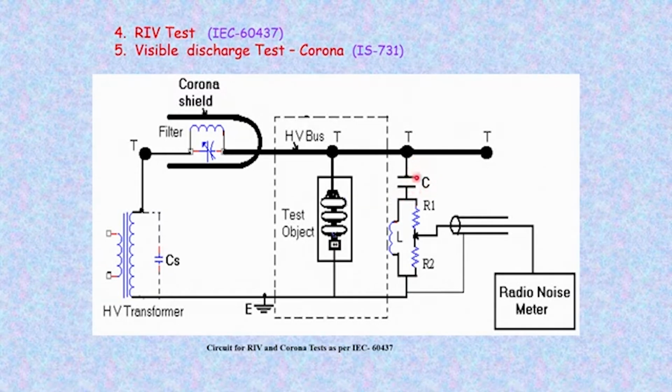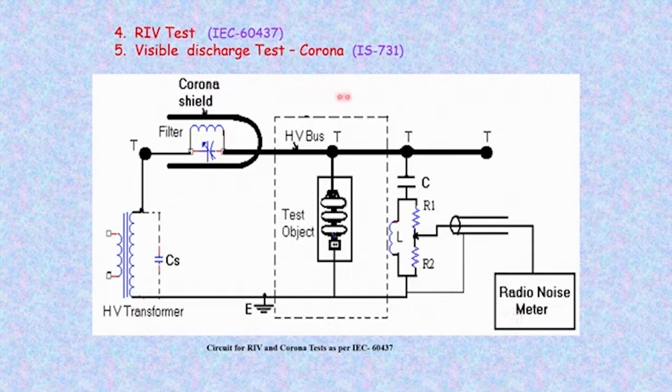This coupling capacitor offers a very high impedance at power frequency voltages, and at higher frequencies it allows the discharges from the equipment under test to pass. The generated discharges are communicated through the capacitor and the measuring impedance, which has two arms, R1 and R2, and this signal is communicated to the radio noise meter, which can measure the radio noise in decibels or in microvolts.